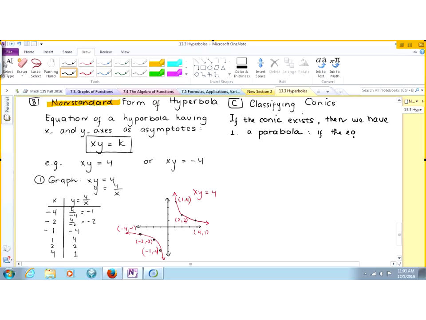Yes. If the equation contains, so you have to simplify each equation, right? Either x squared or y squared, but not both.